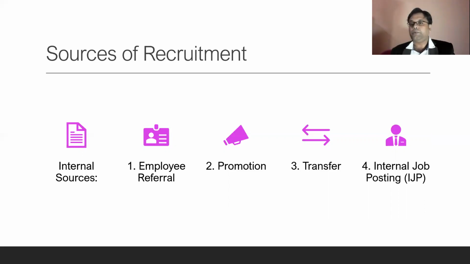Next one is promotion. Promotion is what? Maybe we have a vacancy in the manager position and we have assistant managers. Now we can move some assistant manager to the manager position. So we are promoting and filling up the vacancy of the manager from assistant manager. Transfer: say for example, some people are working in the Kolkata branch.